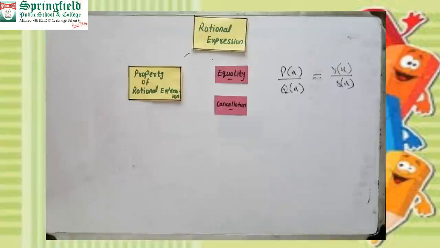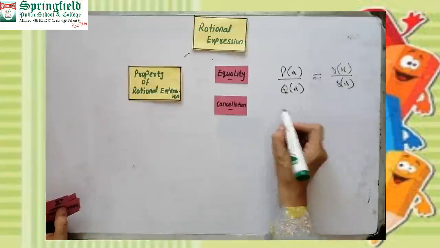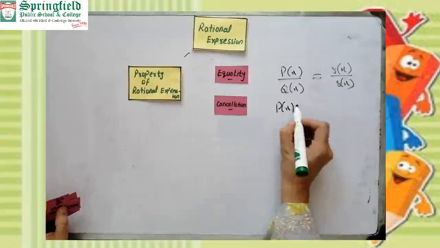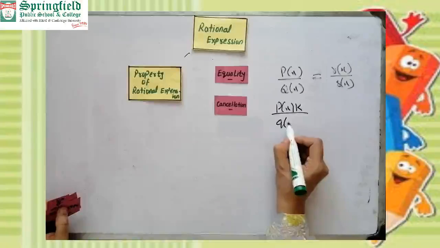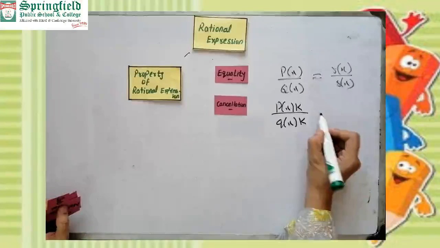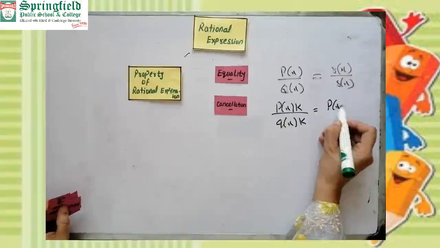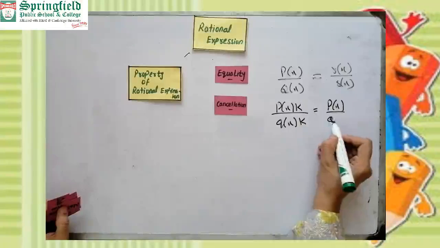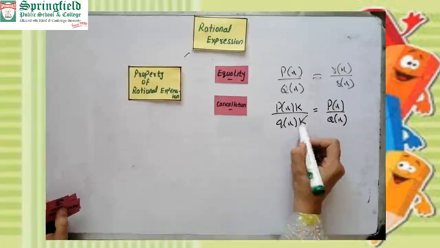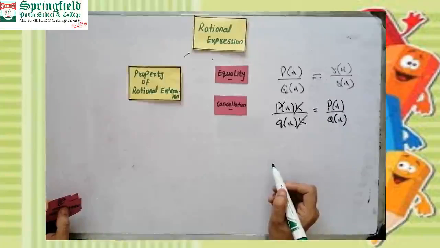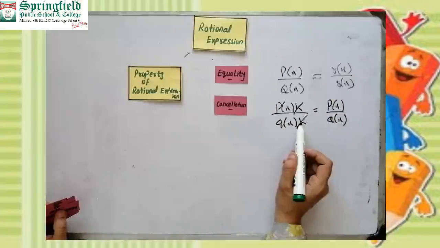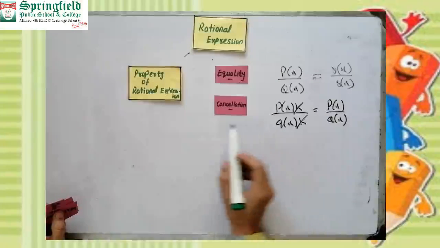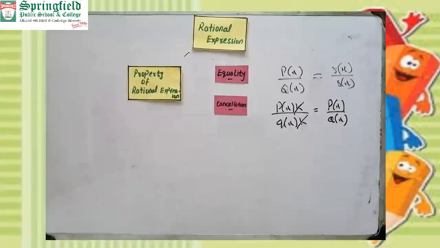In the cancellation property, we can cancel k in p of x times k and q of x times k. K is any coefficient or real number. Then p of x is equal to q of x. How? Because k can be cancelled with k, and due to the cancelling of a real number, this property is called the cancellation property.